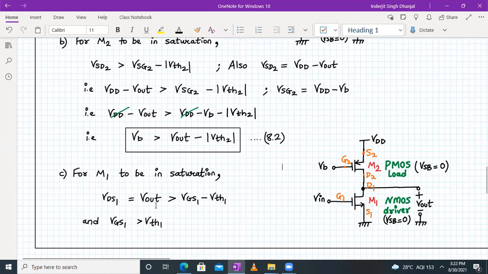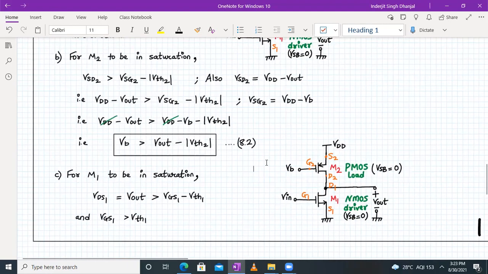That is one condition. And the second condition is VGS1 should be greater than VTH1. Only when these two conditions are satisfied can we say that the M1 transistor is in saturation. In fact, we can even set a biasing voltage to make sure that your VGS is greater than VTH, and that will ensure that your M1 transistor remains in the saturation region.